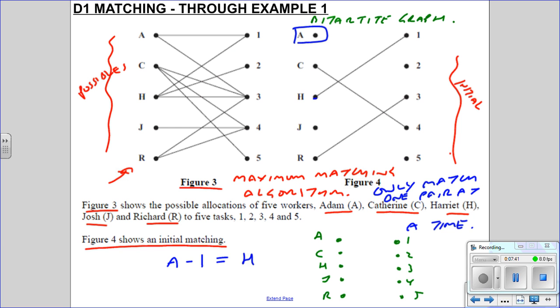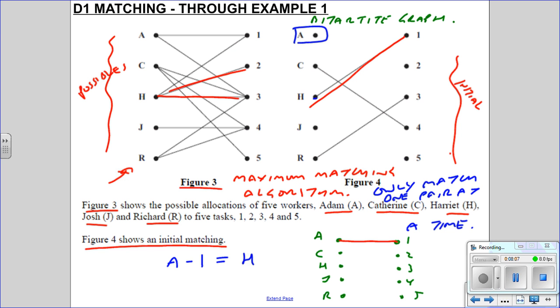Okay, so now I'm saying Adam is going to take job 1. But job 1 at the moment is taken by Harriet. So now Harriet's job needs to change. What can Harriet do? Harriet can do 1, what we've said, but we've already allocated that to Adam. But we can also do job 3. And job 2 is one which hasn't been allocated to yet.